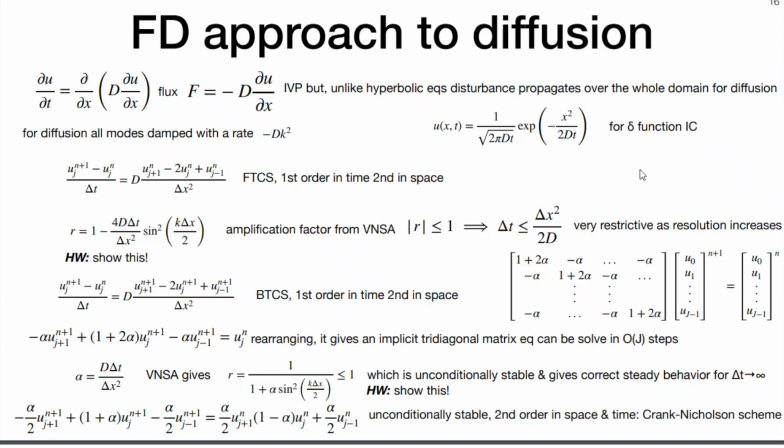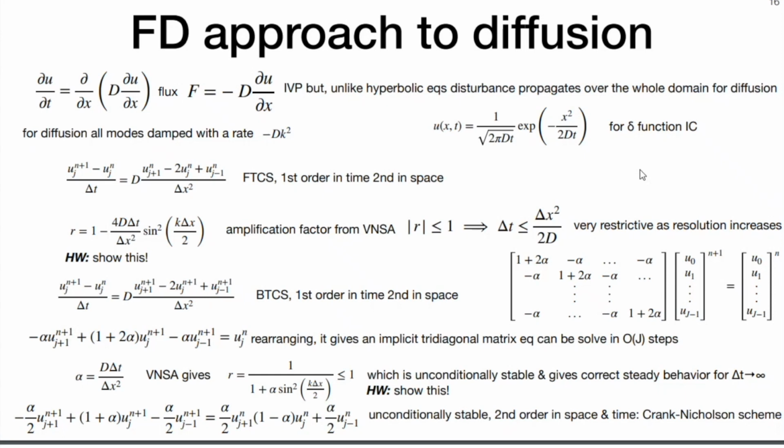N plus 1 terms are on the right hand side. So what you do in this case is you make it into a matrix equation. If you have n plus 1 terms on the right hand side, you have to bring them to the left hand side. But if you do that, you get a matrix equation. Okay. And this is how that matrix equation looks if you have periodic boundary conditions.